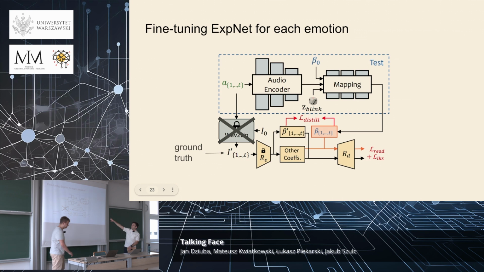In this approach we assume that we have ground truth, because the authors of the paper assume that we don't have to have ground truth, since we can generate it using Wav2Lip. We didn't use Wav2Lip. We just used the ground truth, which is a better approach, because in ground truth we have those emotions, and in Wav2Lip we don't.